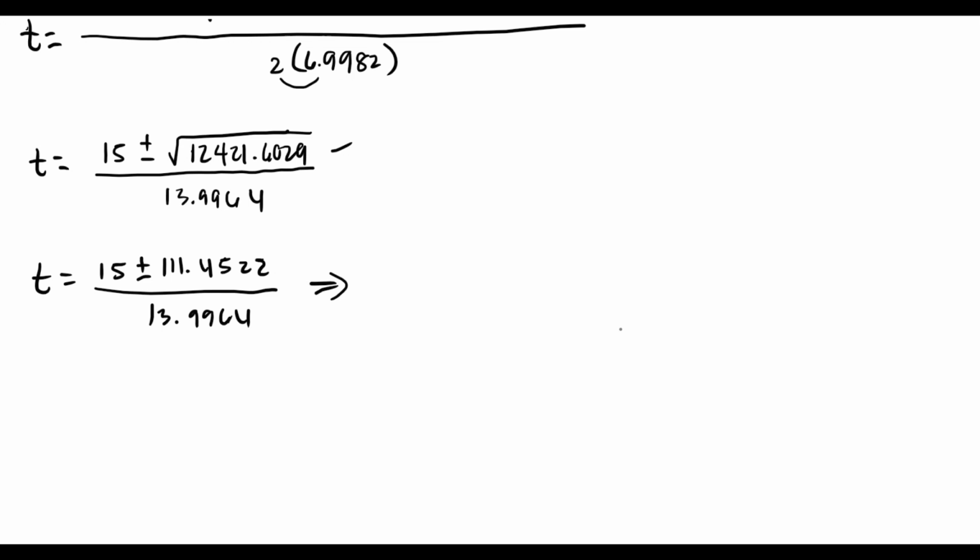Now this time we need to take only the positive value. So therefore, to solve for the time, we only need the positive value. So that's 15 plus 111.4522 over 13.9964.